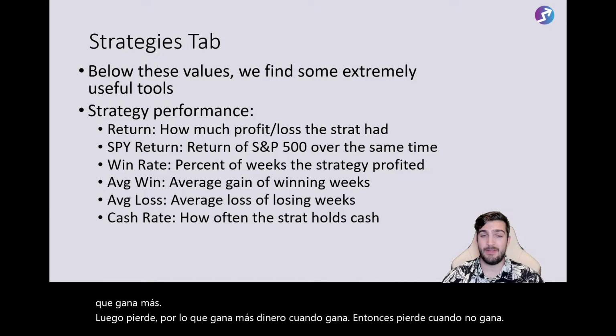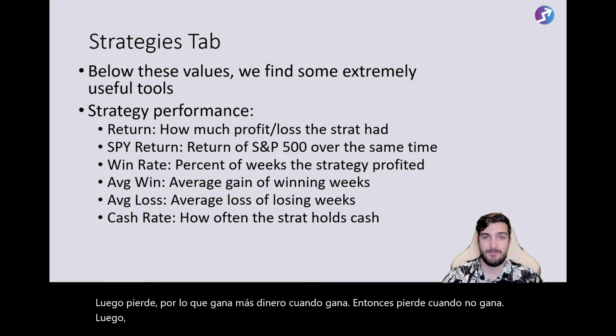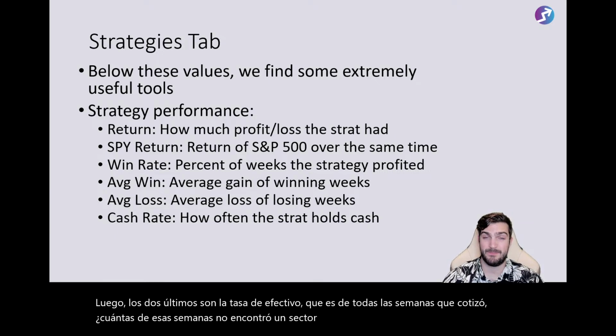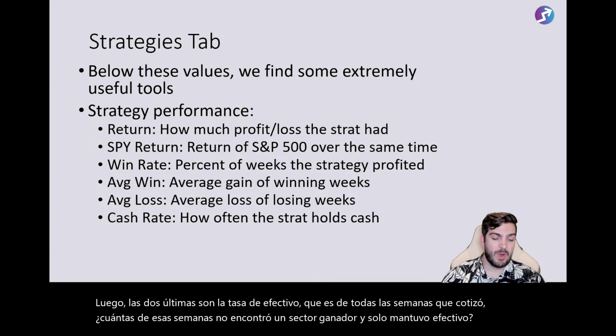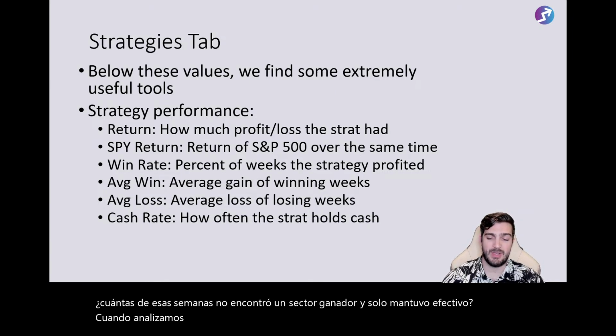Then, the last two are cash rate, which is of all of the weeks that it traded, how many of those weeks did it not find a winning sector and it just held cash? When we're looking at strategies, it is possible that no strategy has what we want it to.